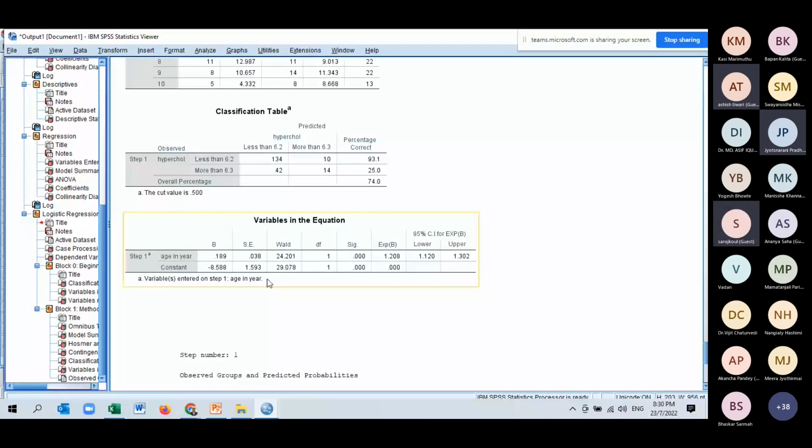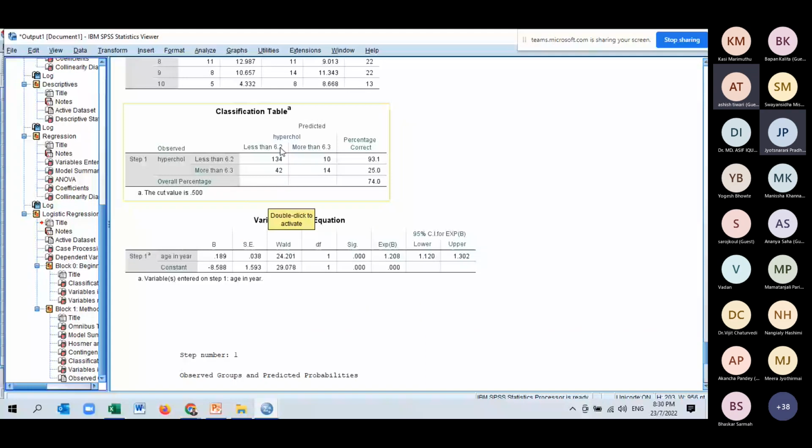The classification table is also very important. It says that the system correctly classified 134 candidates who are less than 2, correctly predicted.